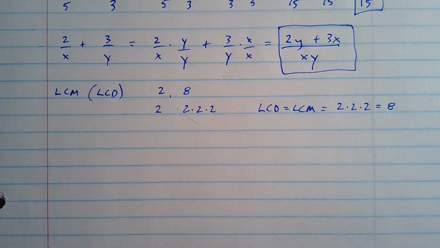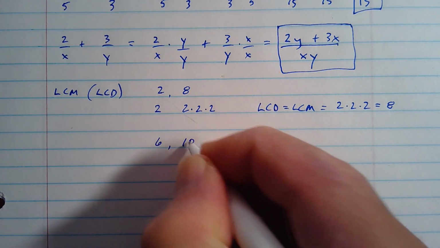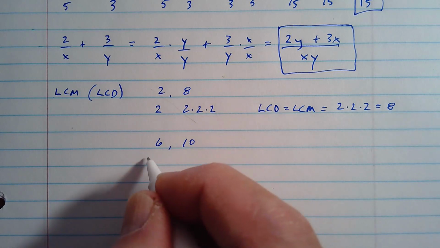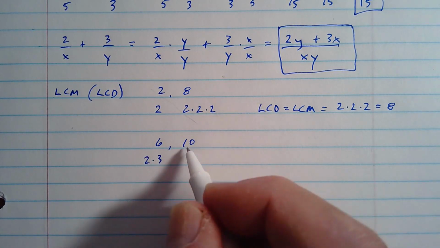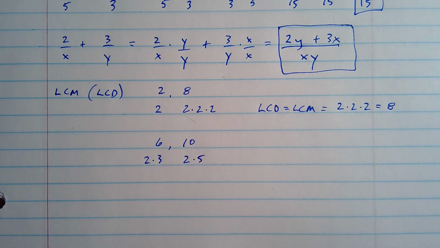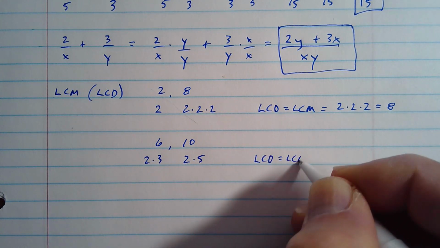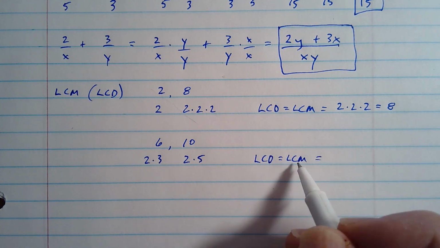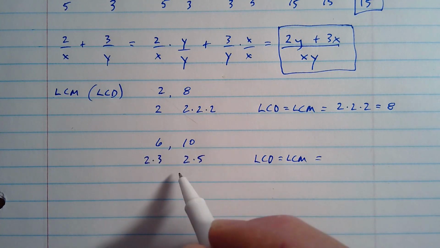All right, let's try a couple more of these. How about 6 and 10? All right, so this is going to be 2 times 3 for its prime factorization. 10 is going to be 2 times 5. That's going to be its prime factorization. And now that LCD or the LCM, depending if you're a fraction or not, will have all the pieces to make either one of these with the fewest number possible.